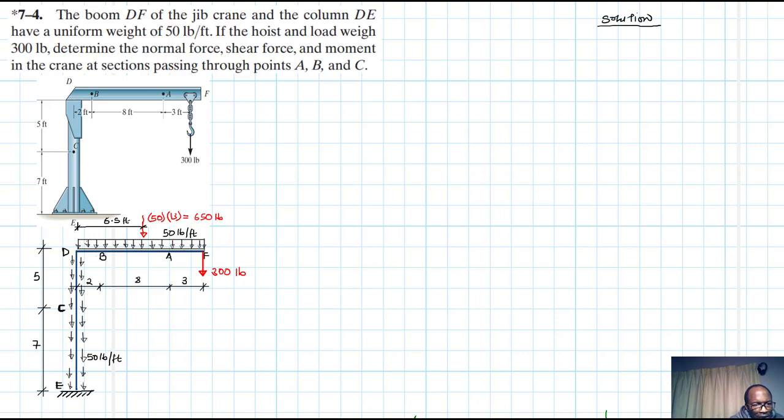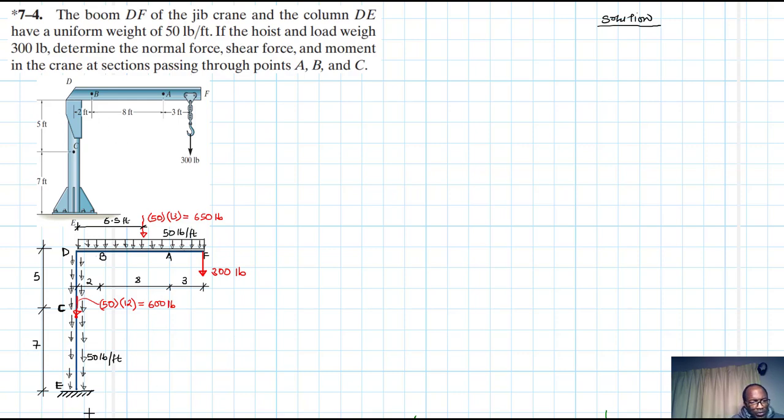So let's say it will be acting somewhere there. That is the equivalent force, and it will also be equal to the intensity 50 times the length of the column, which is 12. And this is equal to 600 pounds. Great.